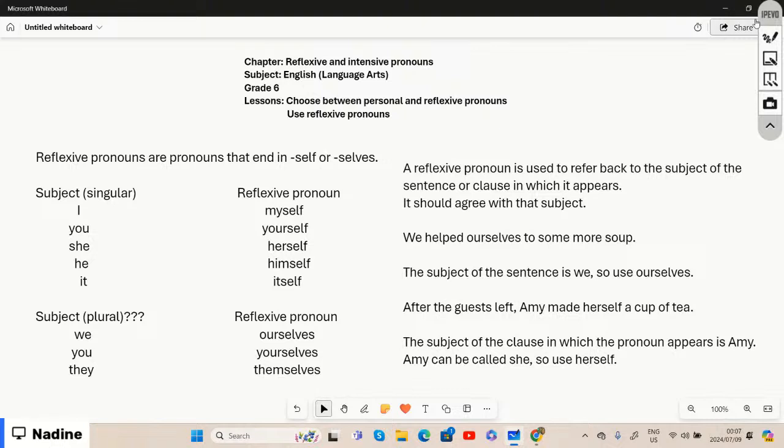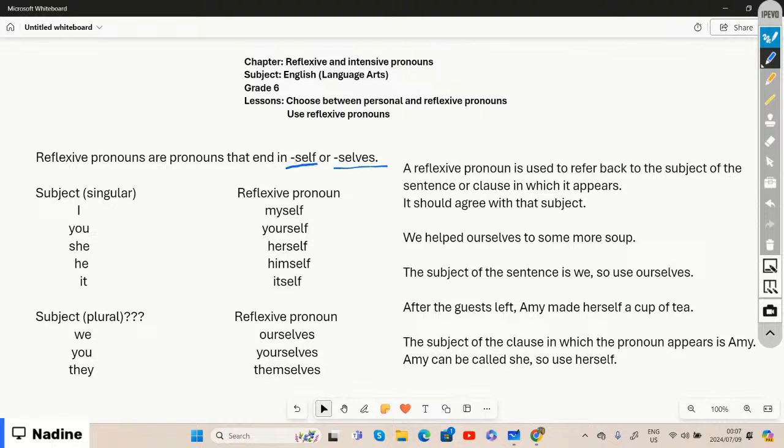So with reflexive pronouns, right? Reflexive pronouns are pronouns that end in self or that end in selves. So once again, reflexive pronouns are pronouns that end in the word self or the word selves.